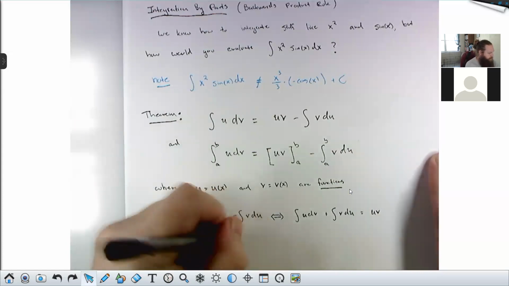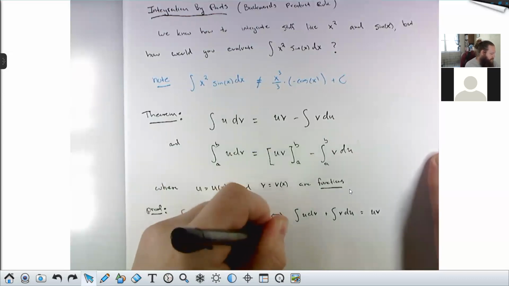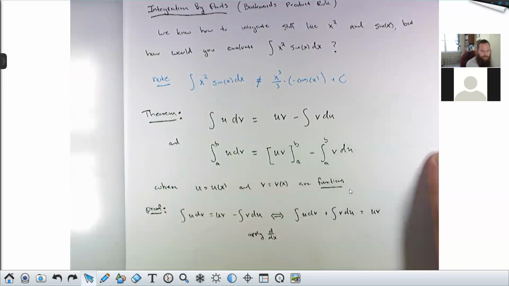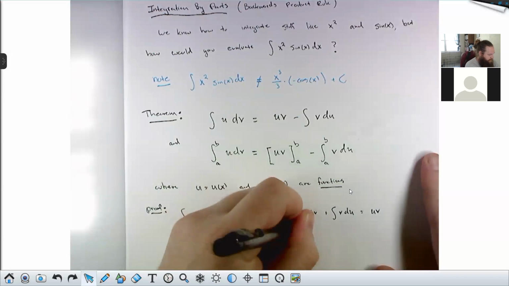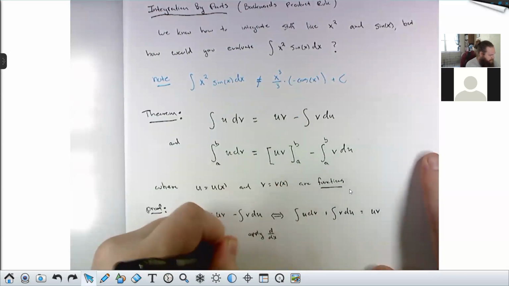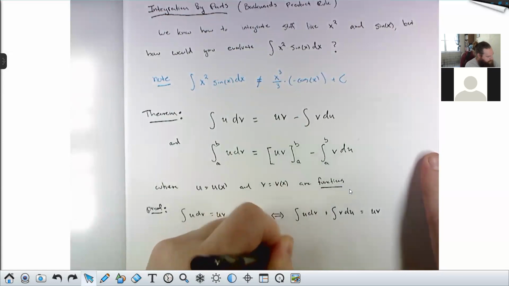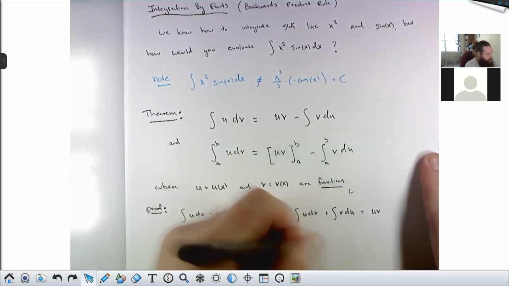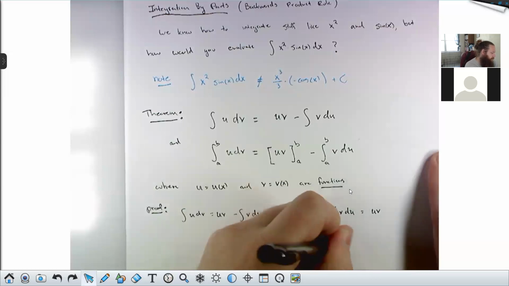Now differentiate. Remember, u and v are both functions of x. So if you apply d dx to both sides, on the left, you have d dx of the integral u dv plus the integral v du equals d dx of u times v.